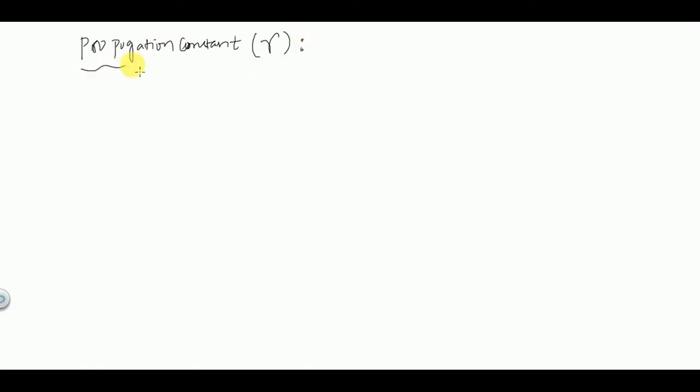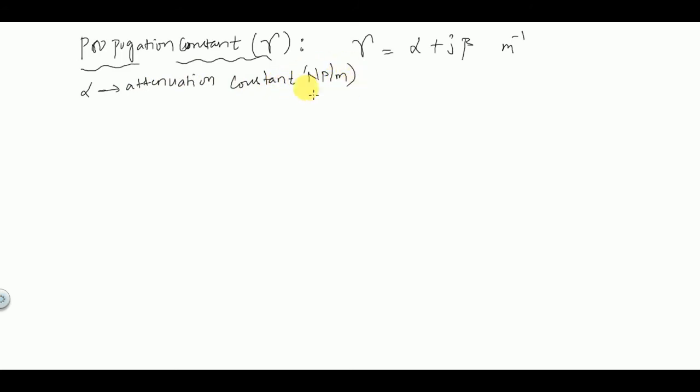Generally, propagation constant gamma is the combination of alpha plus j beta, and its units are per meter, where alpha is called the attenuation constant, measured in Nepers per meter, and beta is called the phase shift constant. It is measured in radians per meter.